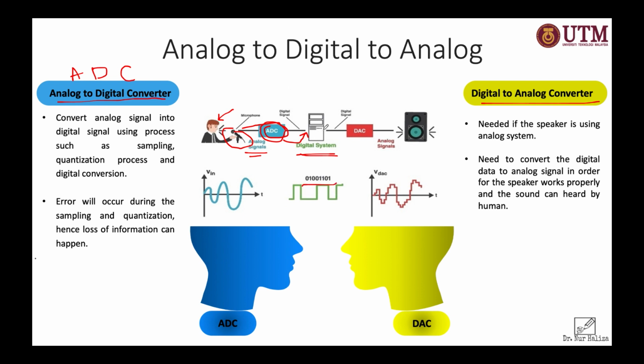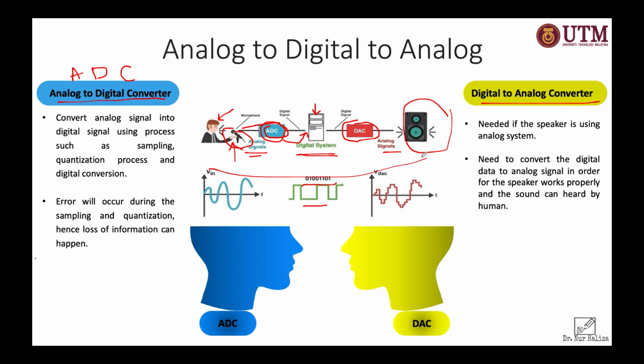After you are inside your digital system, there will be a converter called the digital to analog converter, which will convert your digital to an analog signal, so you can have the sound of your singing, of your song, of your speech if you are using the microphone over here.